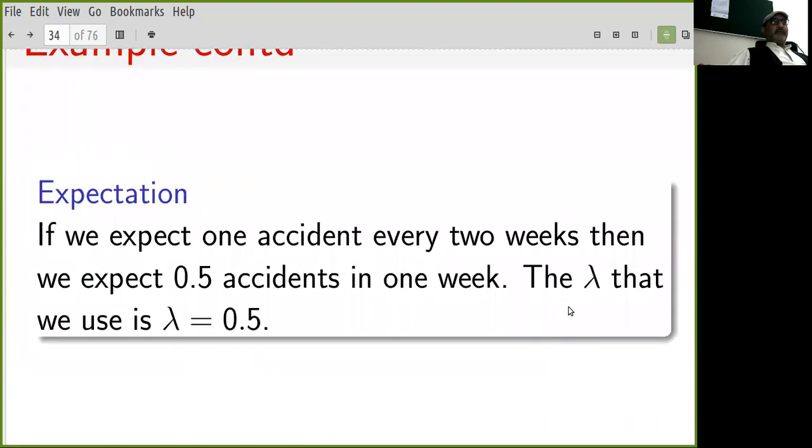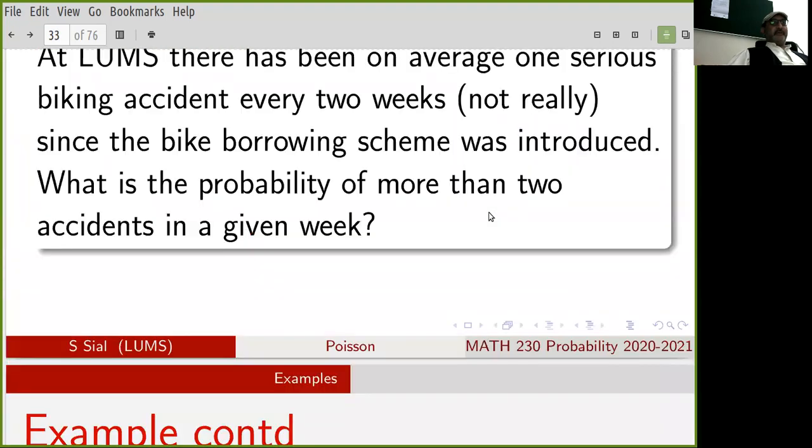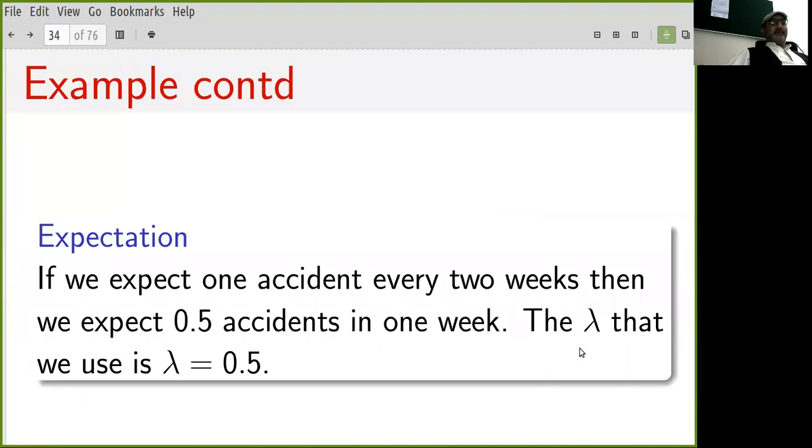So we work out the expectation, which is lambda. If we expect 1 accident every 2 weeks, then we expect 0.5 accidents in a week. So the lambda that we use is lambda equals 0.5.